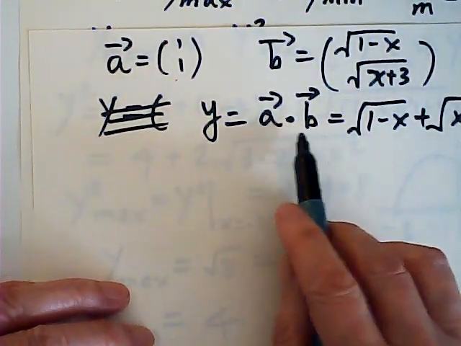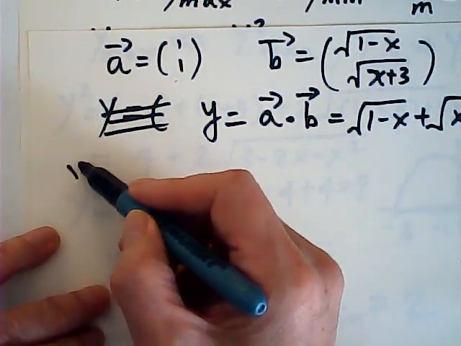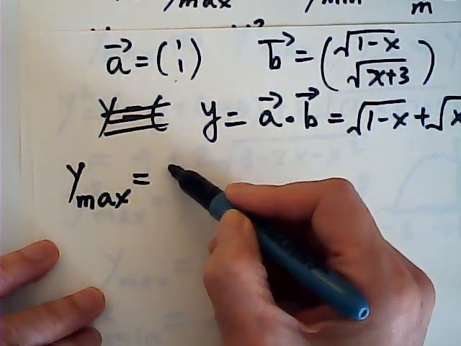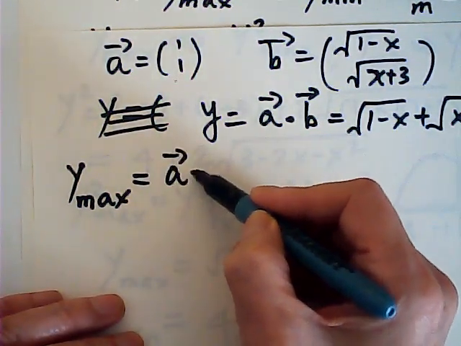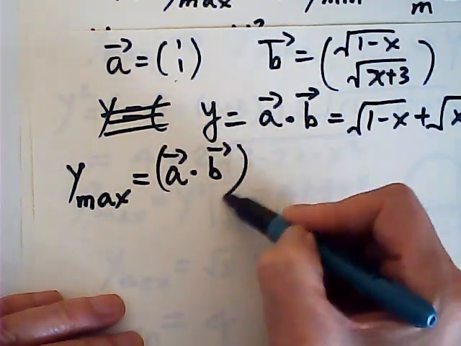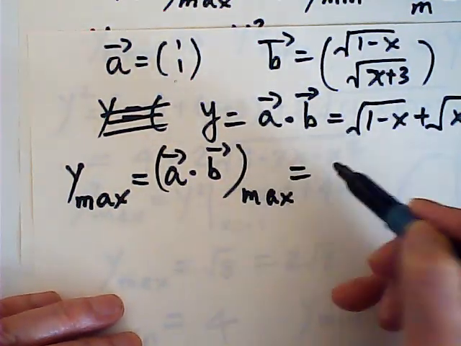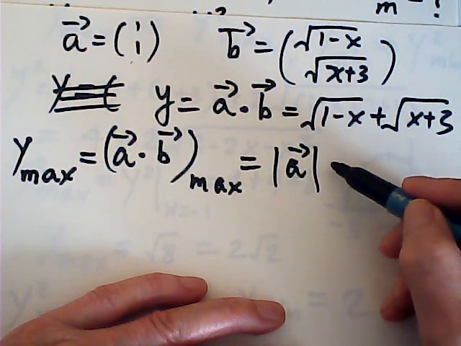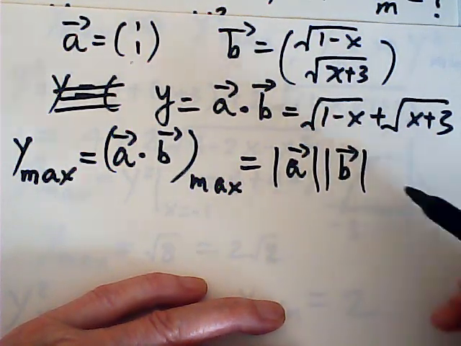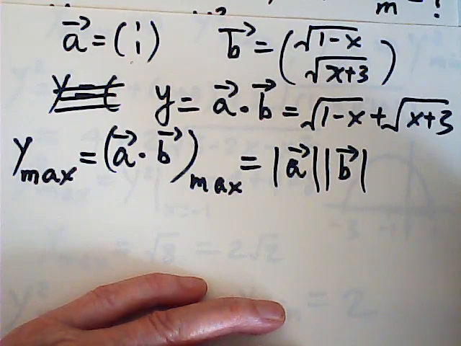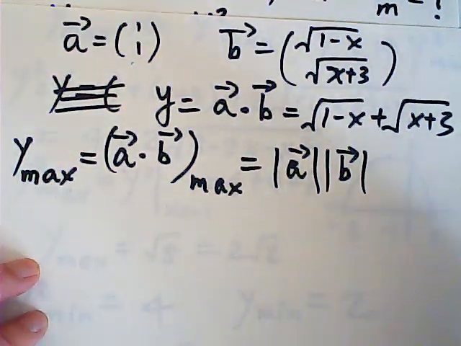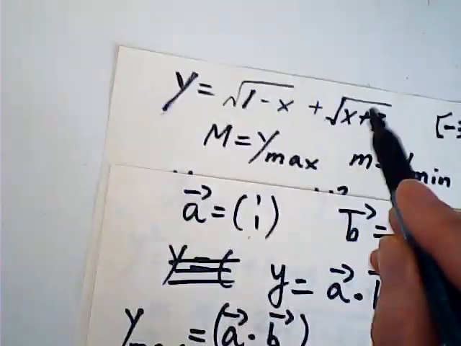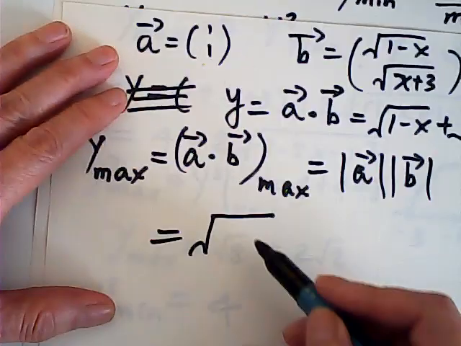But you know what the maximum for the dot product A dot B is, right? It is the magnitude of A times the magnitude of B, or norm of A times norm of B. So norm of A is square root of 1 plus 1.